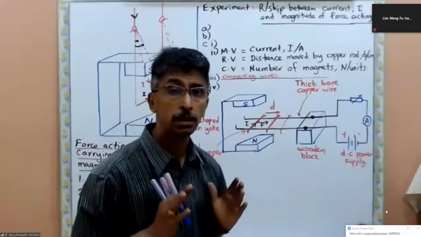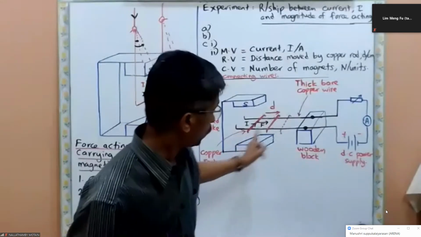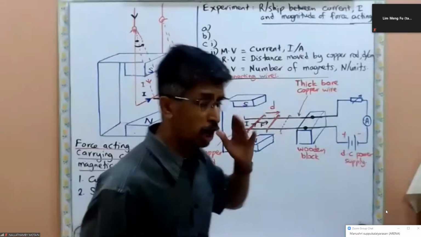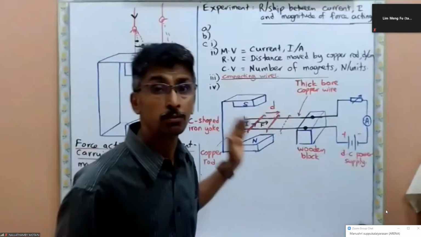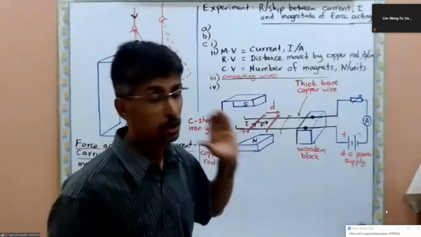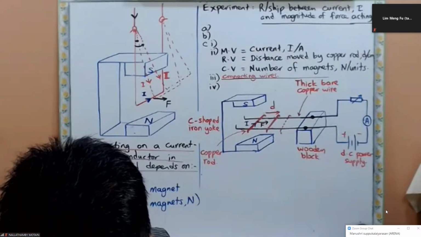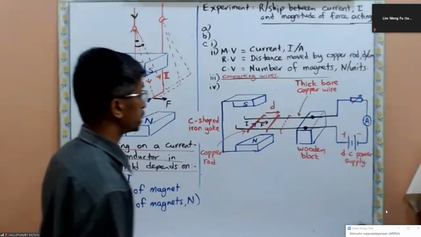It's very simple, easy to answer in terms of comparison. The further the distance it moves, it shows greater force acting. But here we are not measuring force, we are measuring the distance moved by the rod.